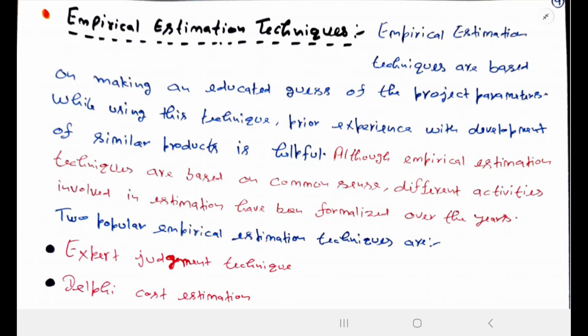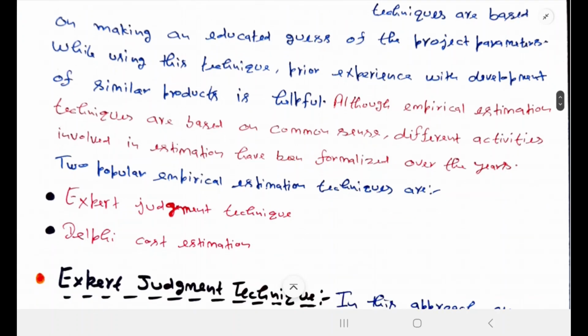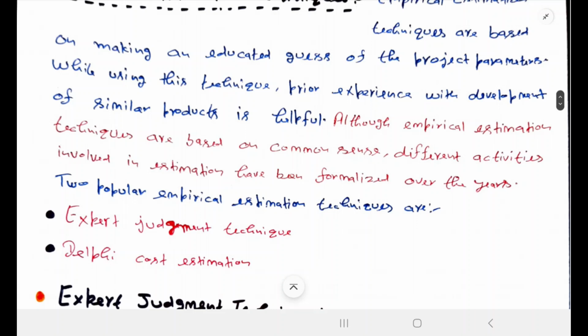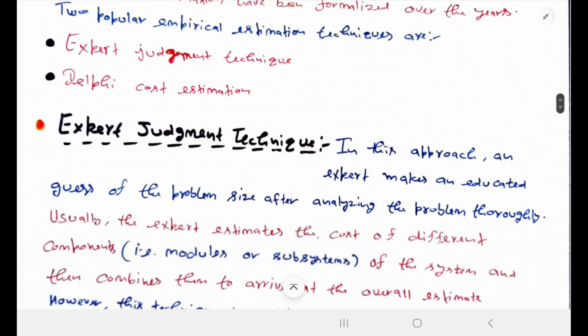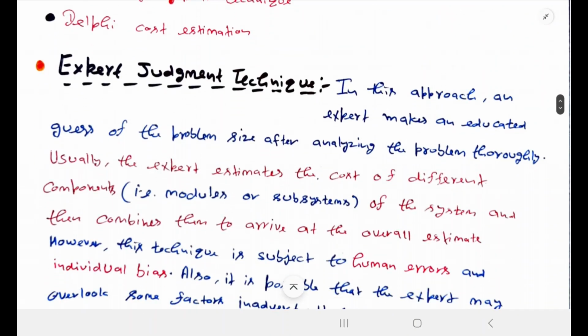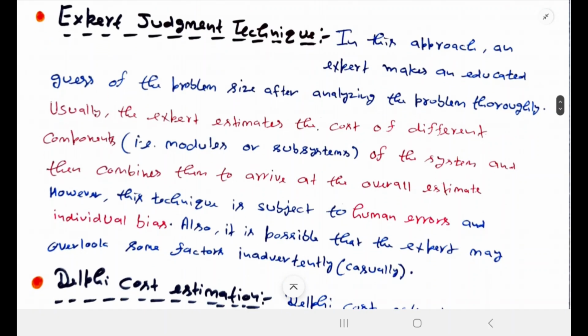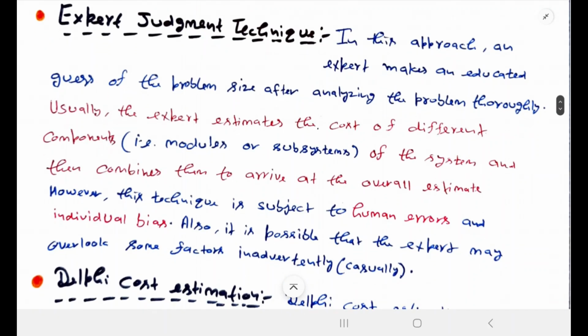Here are two popular empirical estimation techniques: expert judgment, and the second one is Delphi cost estimation. Let's start with the first one, expert judgment technique. In this approach, an expert makes an educated guess of the problem size after analyzing the problem thoroughly.